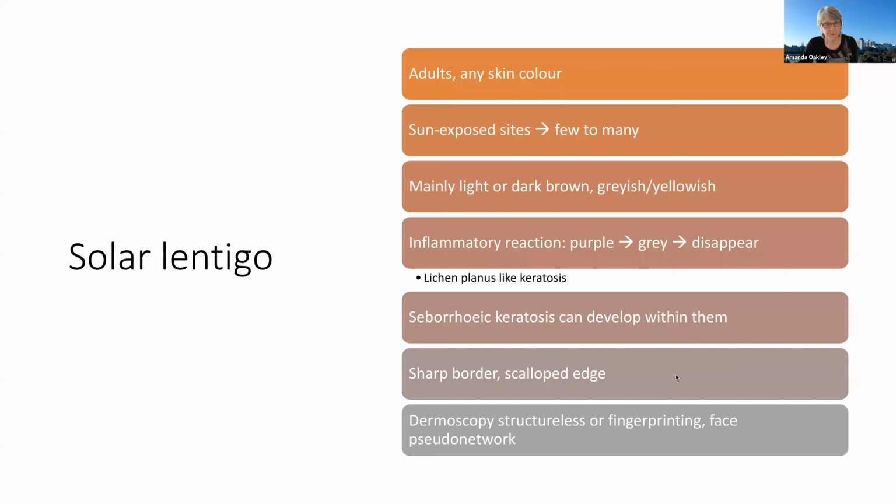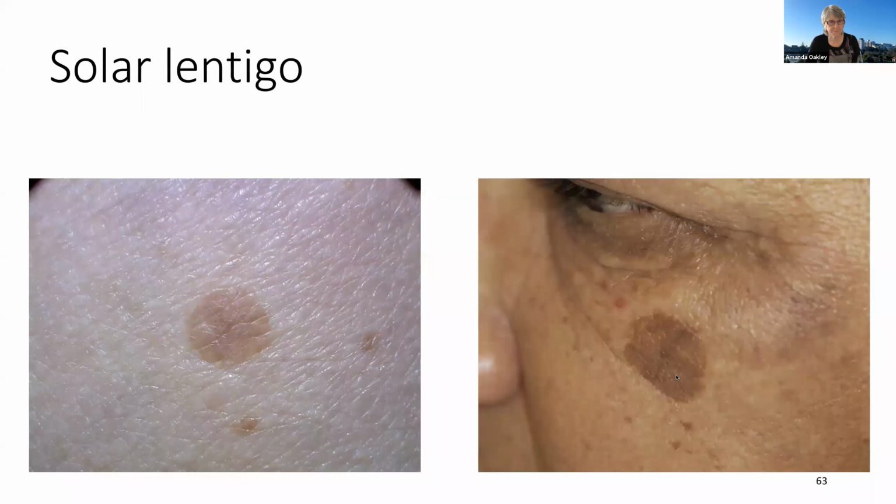They are associated with seborrheic keratoses in the sun-exposed sites, so they can develop warty papules. They have a sharp border and scalloped edge and can look rather stuck on too, but as they're flatter, it's not as obvious. There are various dermoscopic patterns.